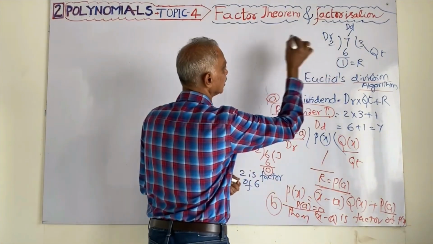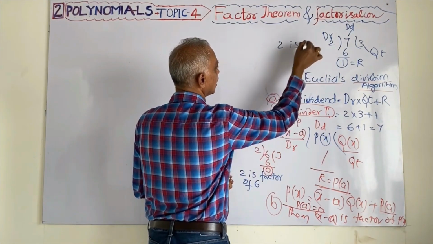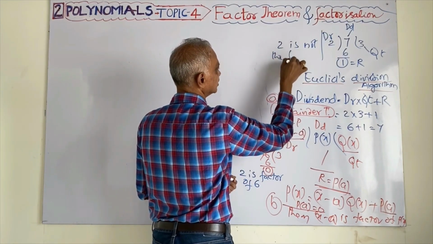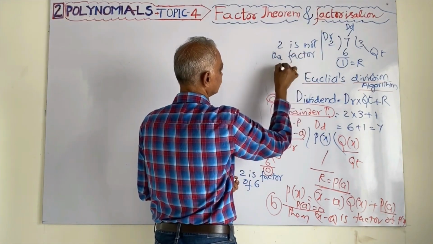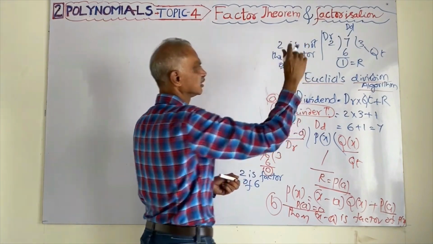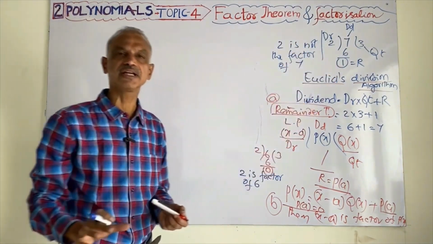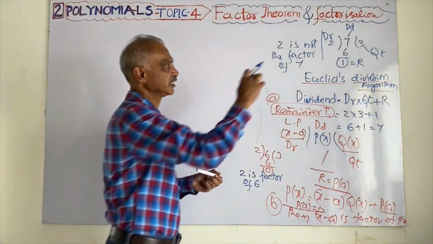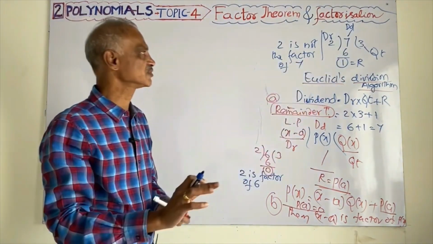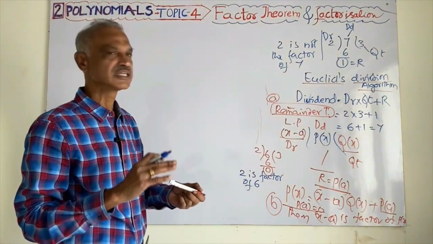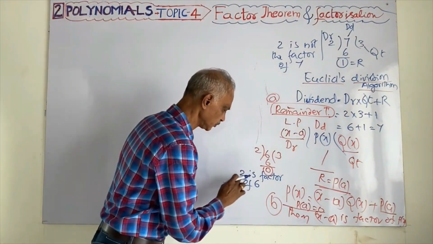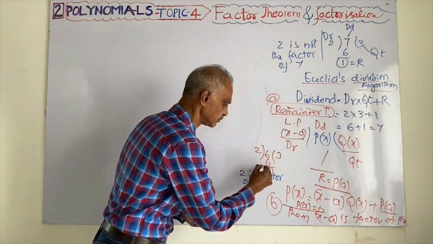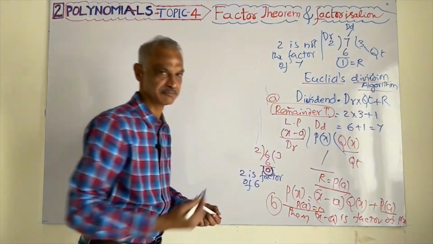Here 2 is not a factor of 7, because you are getting remainder 1 and not remainder 0. That's why 2 is not a factor of 7, while 2 is a factor of 6 because you got 0 as the remainder.